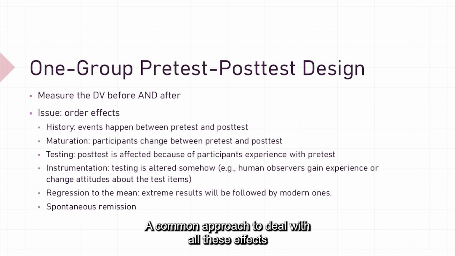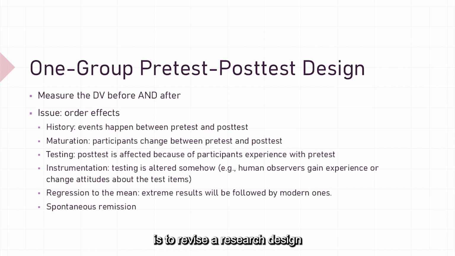A common approach to deal with all these effects is to revise the research design and include a control group that will also be measured two times but will receive no treatment, or in other words, the independent variable in this group will not be manipulated.